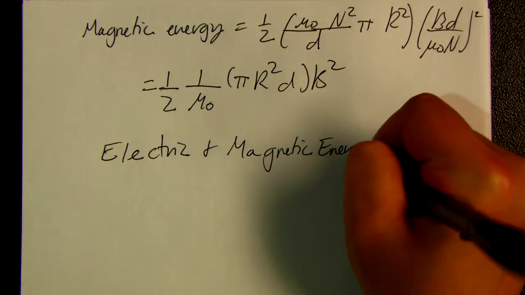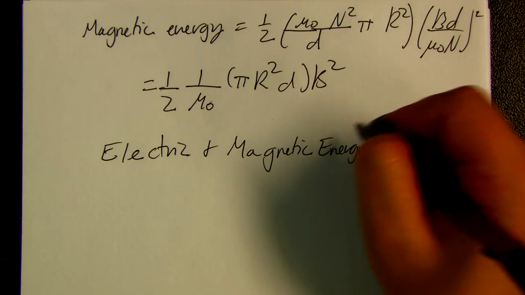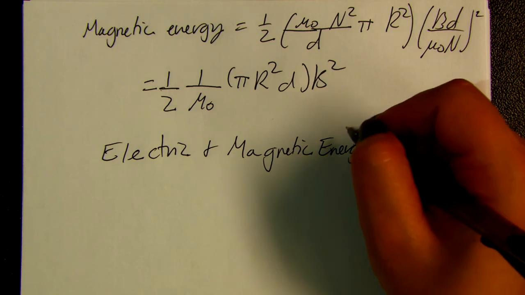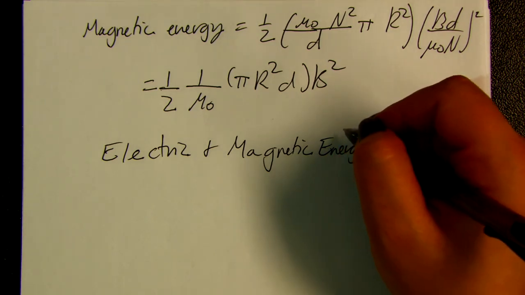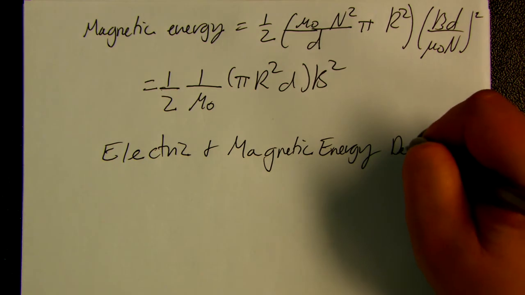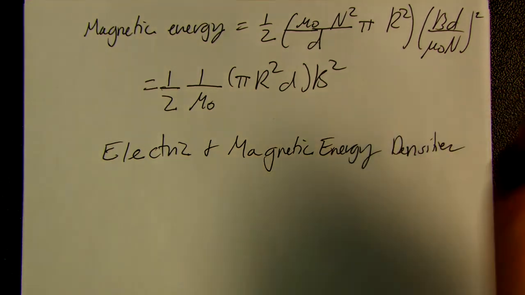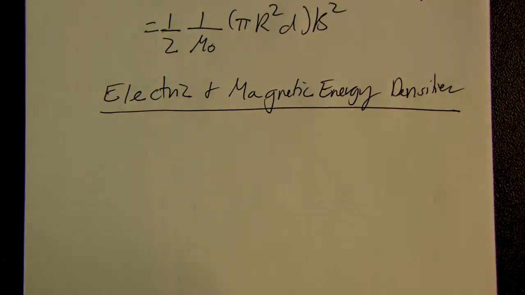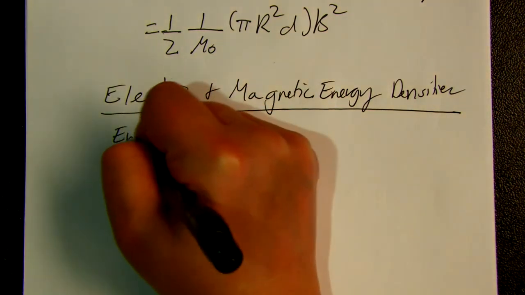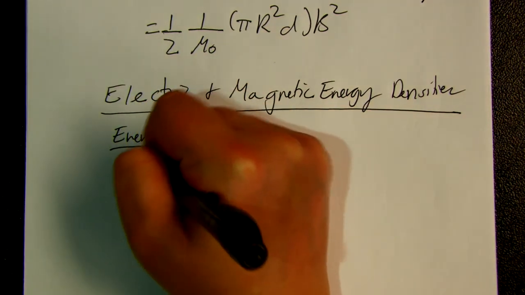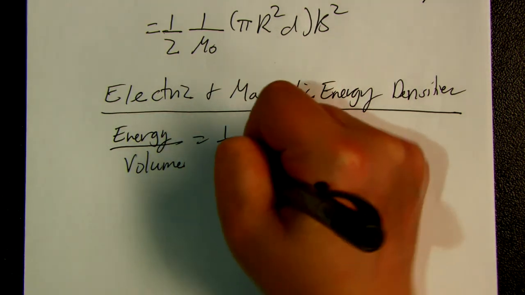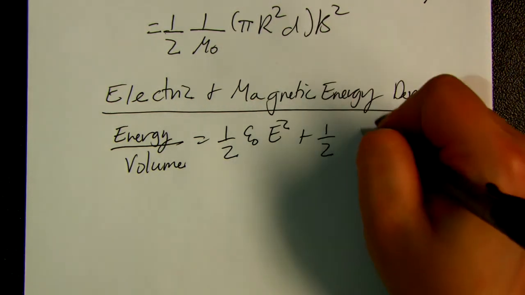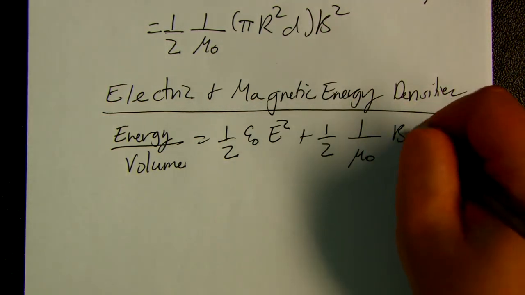And just like the game we played with electric energy, we have taken advantage of our understanding of inductors to derive magnetic energy. What we have derived is actually general. If you want to work through more rigorous derivations of this, take an electromagnetism class. You will do it. And it's actually kind of fun. So energy divided by volume is equal to 1/2 epsilon naught E squared plus, remember they play together, 1 over 2 mu naught B squared.